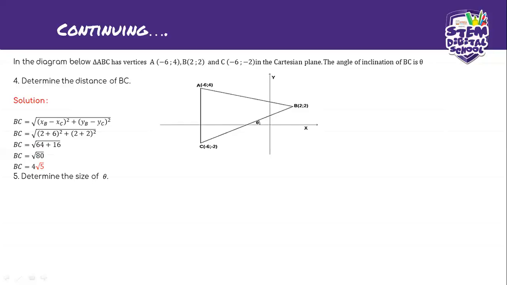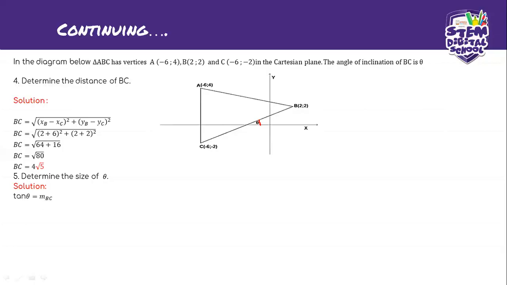Now, question 5. It says determine the size of theta. Where is our theta? Here is our theta. So we need to determine that angle theta there. How do we determine that?